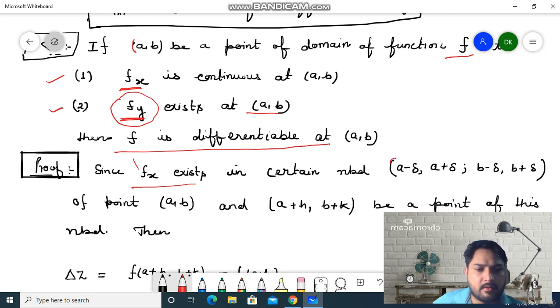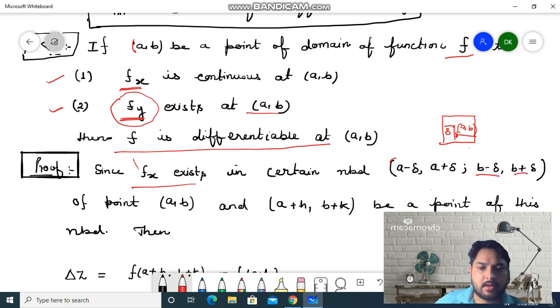We take a neighborhood, (a minus delta, a plus delta) and (b minus delta, b plus delta), in the form of a rectangle, where delta is the distance.